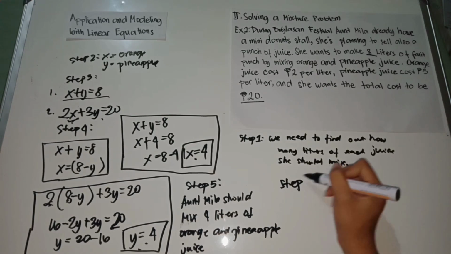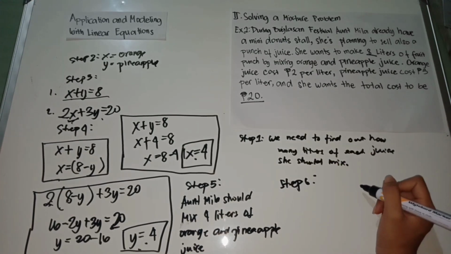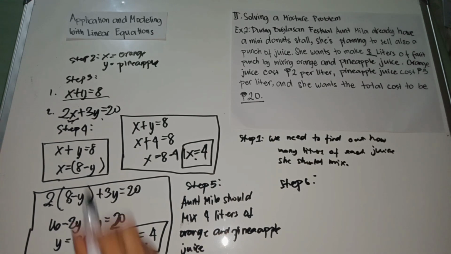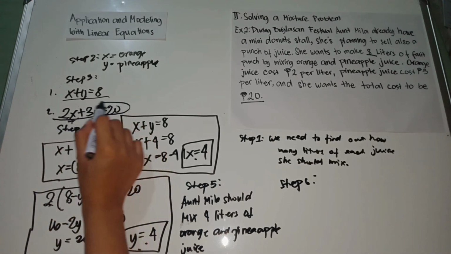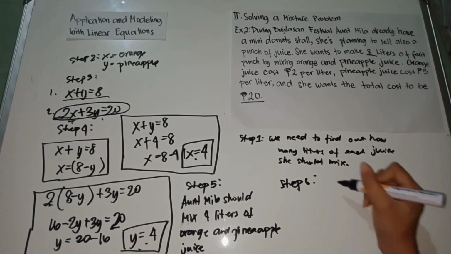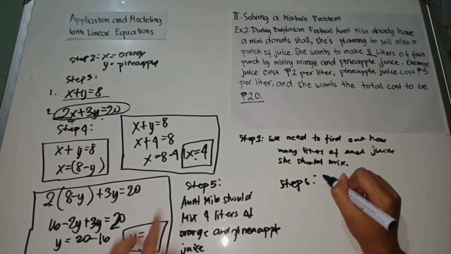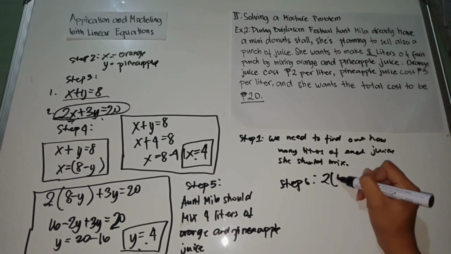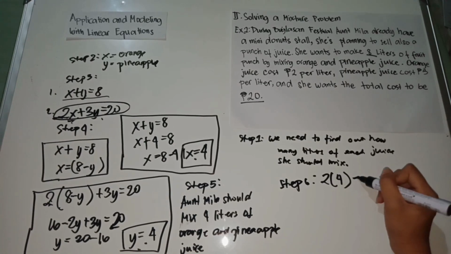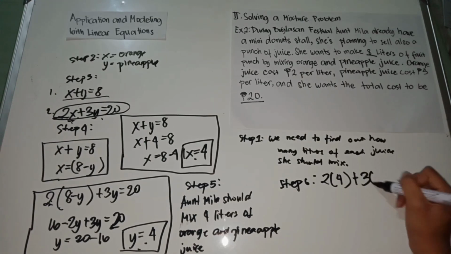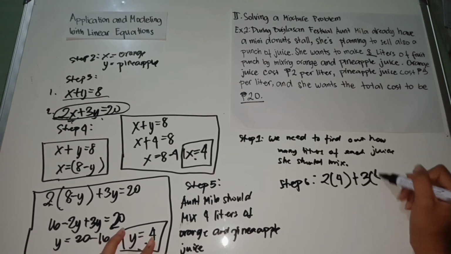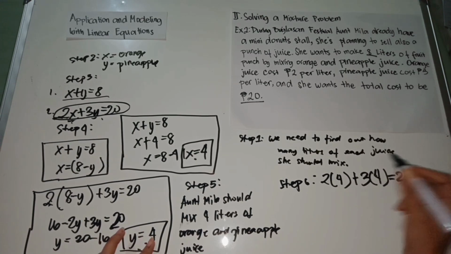Step 6. We need to use this equation. So let's input the value of y and x. 2 times 4 plus 3 times 4 equals 20.